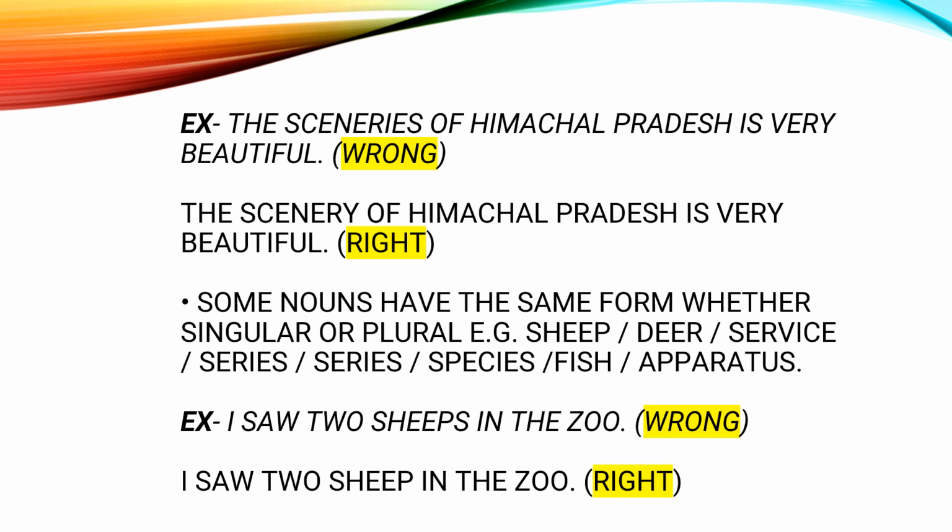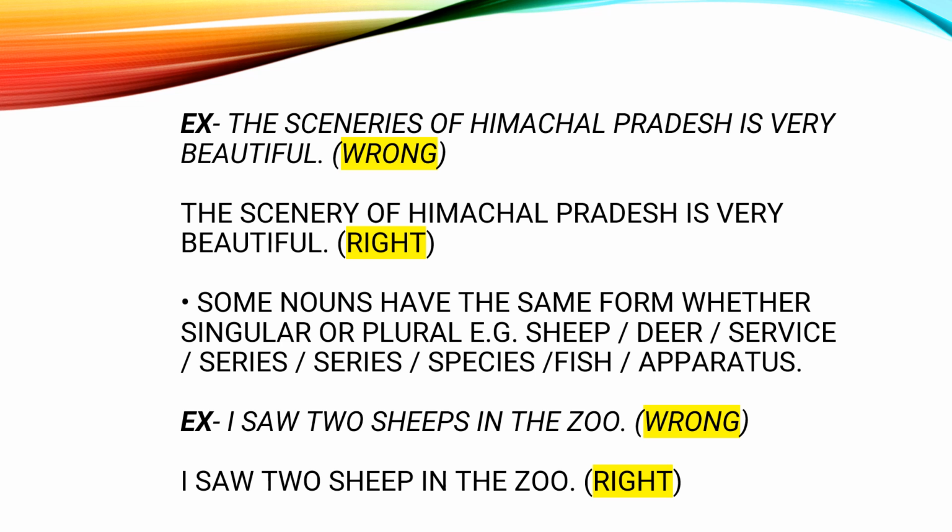Next, some nouns have the same form, whether singular or plural. Examples: sheep, deer, series, species, fish, and apparatus. For example, I saw two sheeps in the zoo.